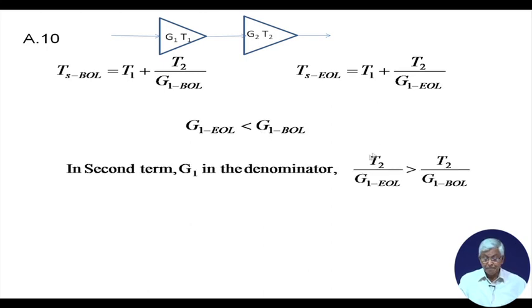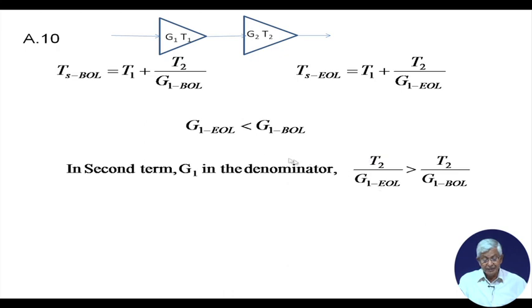Therefore, in the second term, G1 is in the denominator. Since G1 at EOL is less, the second term, T2 by G1 at EOL, will be more than T2 by G1 at BOL, beginning of life.